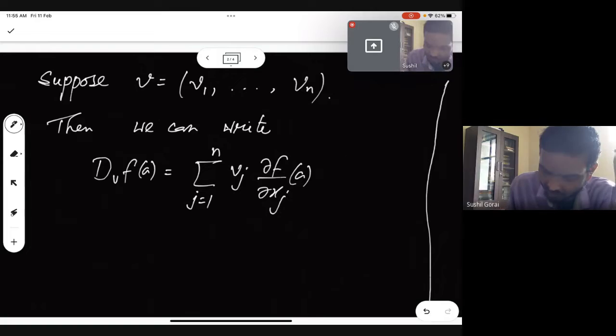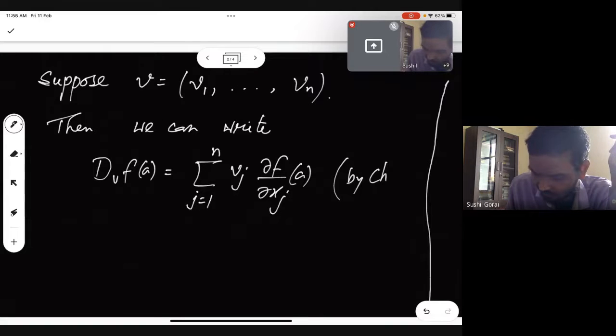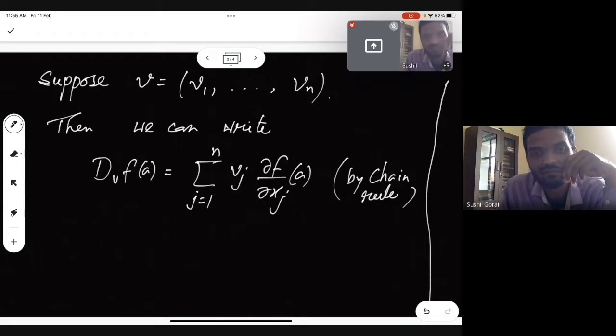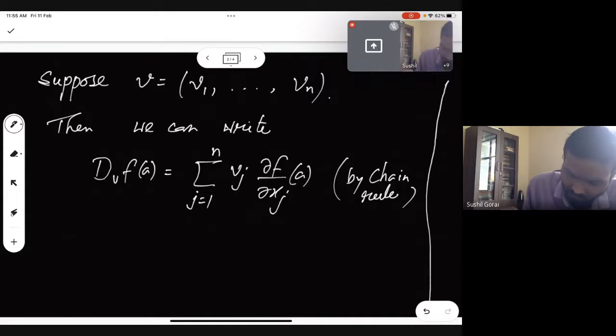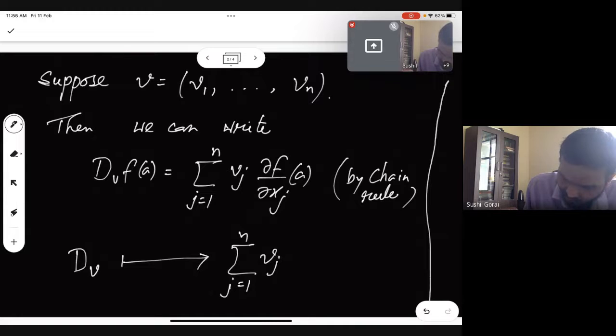This is by the chain rule. So what you are looking at is the following. You can correspond D_V to the operator summation j equal to 1 to n of Vj del by del xj.